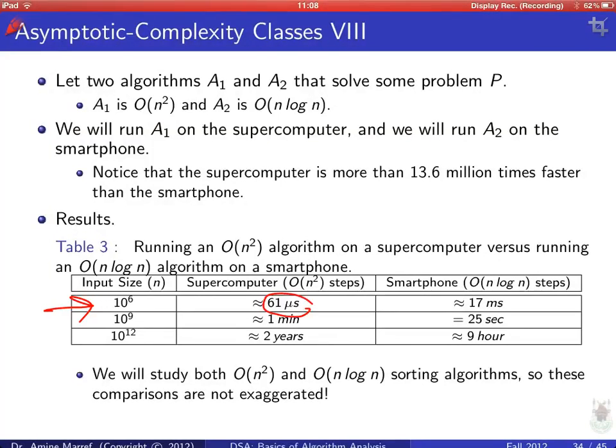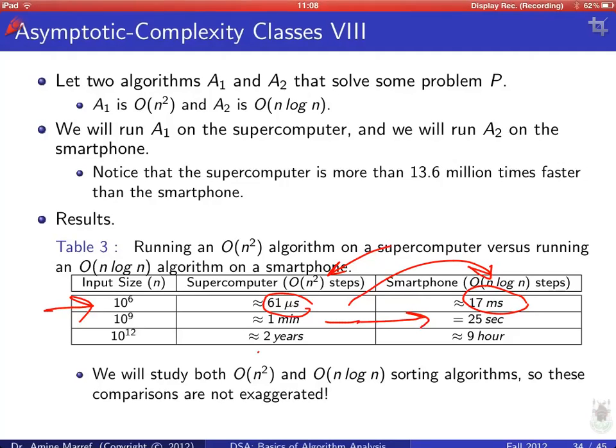So these are just rules of thumb. We call them rules of thumb because they depend on certain things, on the context. But usually, exponential algorithms, you cannot really use them that much. If you have a small input, yes. Otherwise, there is no point. Quadratic algorithms, you can use them up to a few millions.